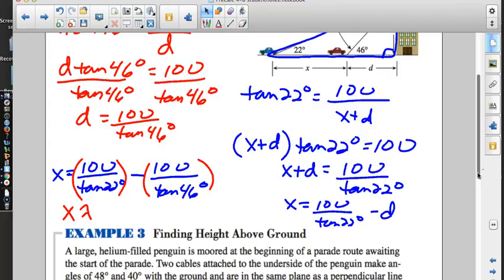So parentheses, 100 divided by the tangent of 22, parentheses, parentheses, and subtract parentheses, 100 divided by the tangent of 46 degrees, parentheses, parentheses. 150.940 feet.